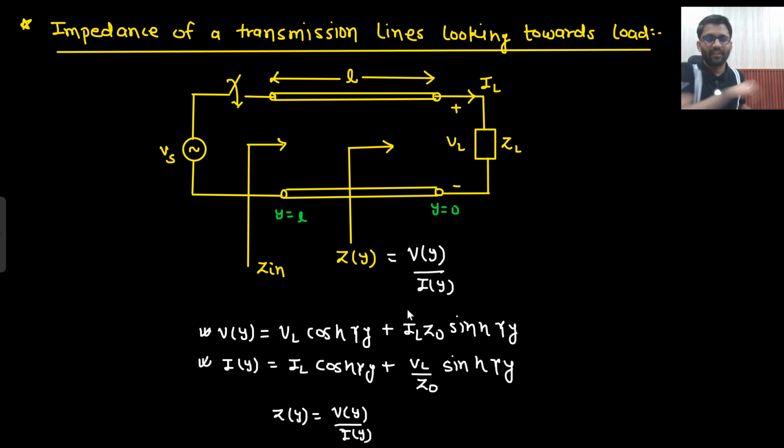There we will study when to replace the transmission line with Zin and when with Z0. That's why I am focusing so much on Zin and Z0. Both are different things. Zin is defined when incident and reflected waves are both there, but Z0 is defined when only the incident wave is there. Is that clear to you? Fine? Okay.